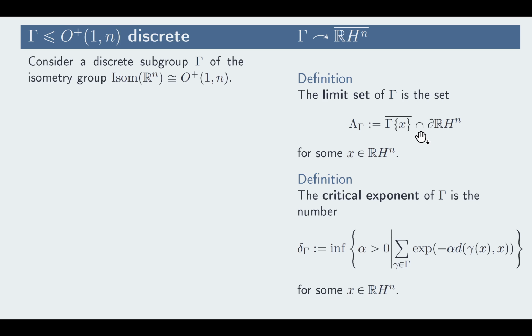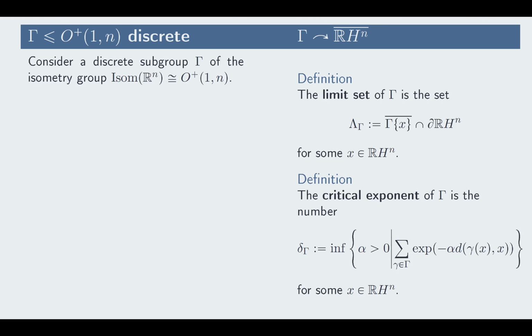And it is true that this set does not depend on the point x. Another number coming from this group is the following. This is the displacement of x under an isometry. I take the exponential of minus alpha times the displacement and sum over all elements.